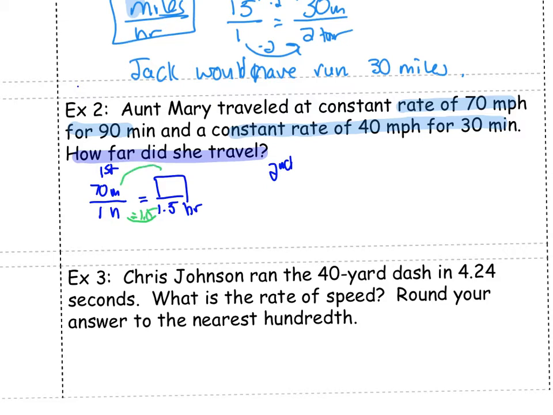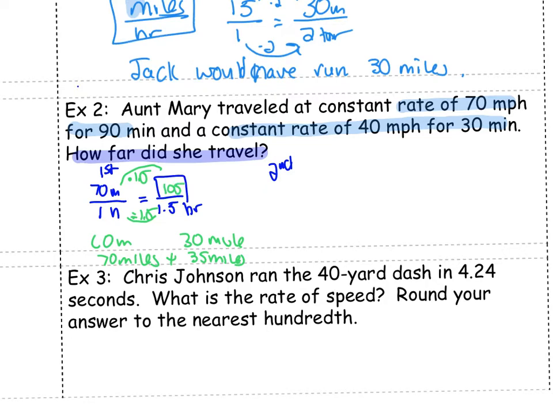So you could take that 70 miles and multiply it by 1.5. But I tend to break it up. If they're going 70 miles in 1 hour, so 60 minutes would be 70 miles. 30 minutes would only be half that, which is 35 miles. So if I add that together, 70 plus 35 is 105.